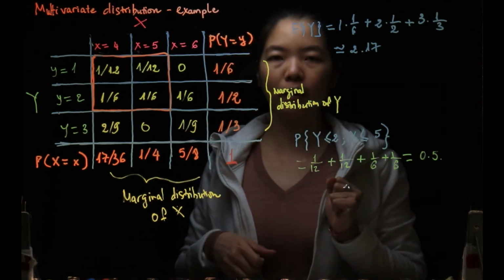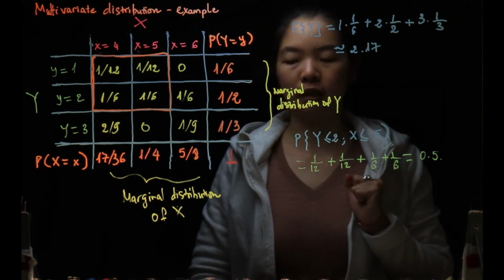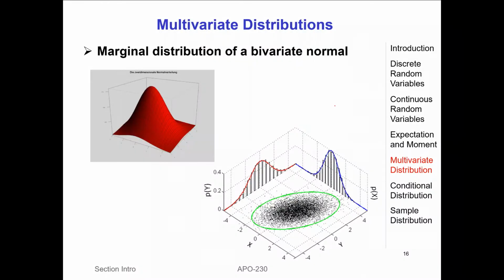So I hope now it's clearer to you the idea of multivariate distribution and marginal distribution. This is an image of a bivariate normal distribution when you visualize it. So on one side you have the distribution of y, and then on another side you have the distribution of x.